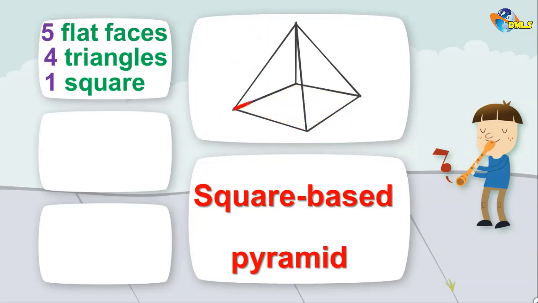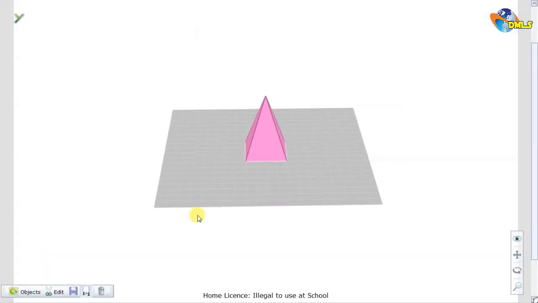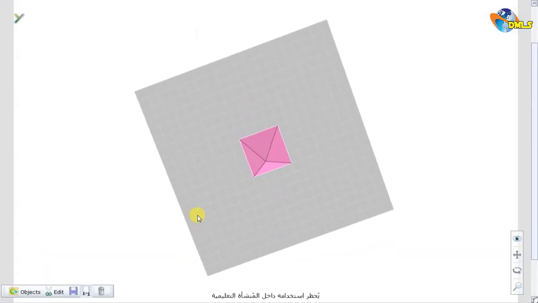The number of edges: 1, 2, 3, 4, 5, 6, 7, 8. It has 8 edges. The number of corners: 1, 2, 3, 4, 5. It has 5 corners. Let's see square-based pyramid.